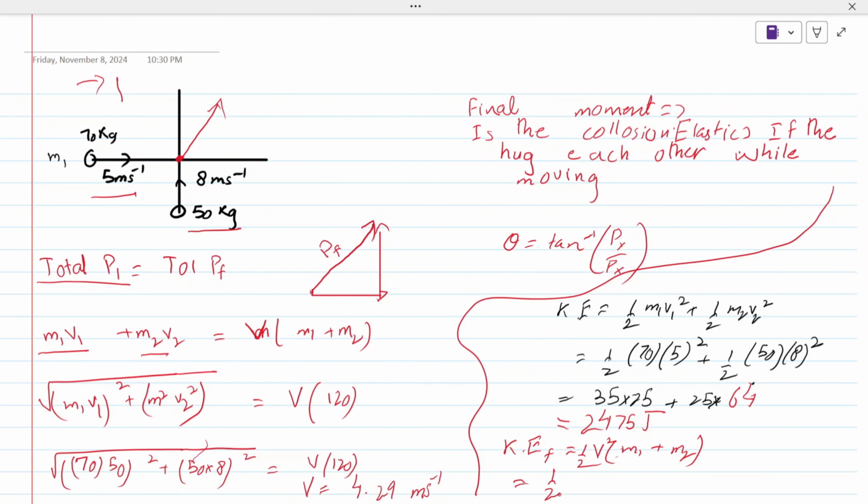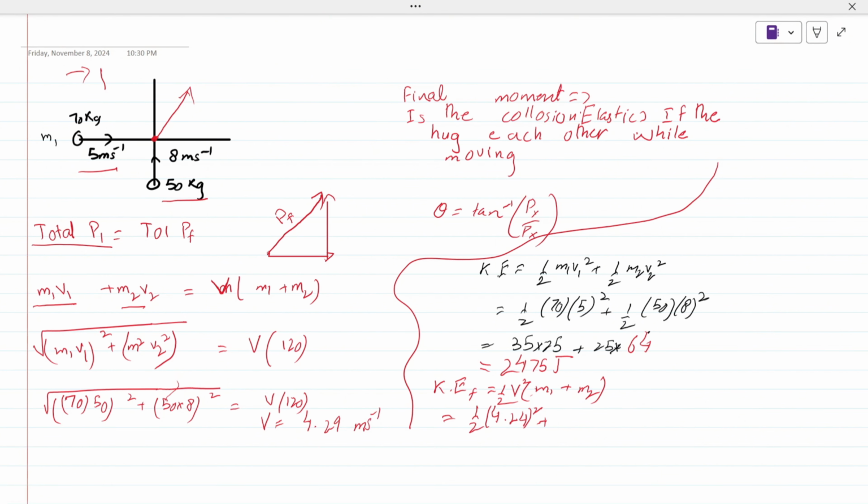So half, what was the v? 4.29 square multiplied by 50 plus 70, which is 120, divided by 2. The answer is 1104. So the kinetic energies are not the same. The collision is inelastic.